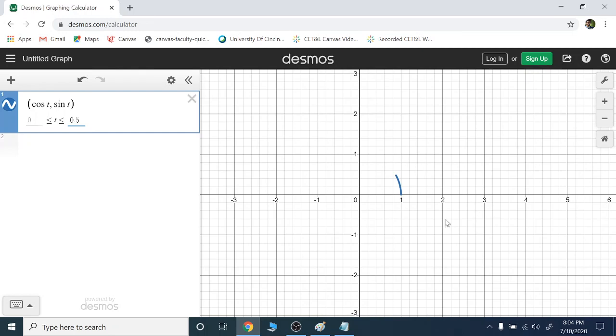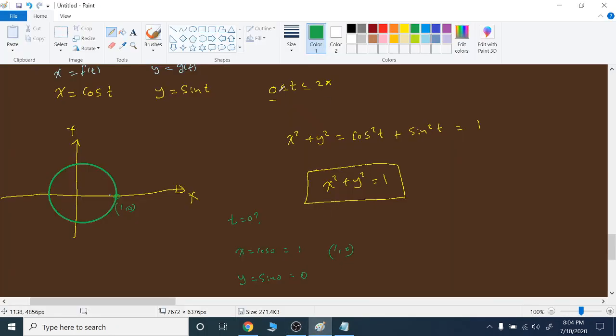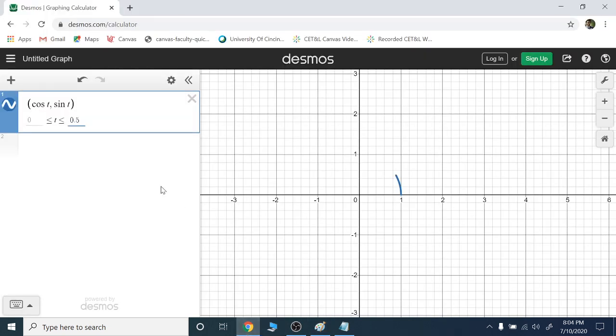And in our particular case, they have given the starting point and the end point as 0 to 2 pi. So if we draw the graph from 0 to pi by 2, then you can see that it will complete a quarter of a circle. And how about pi? It will complete the half circle.